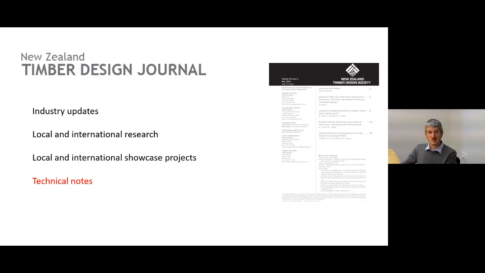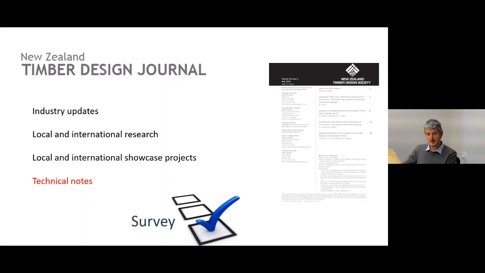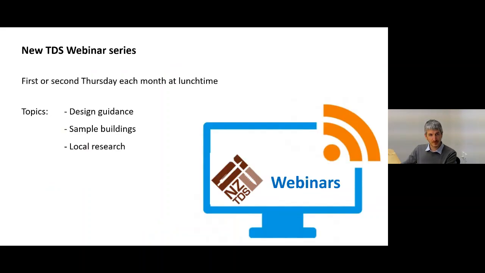We also provide industry updates, and we recently introduced technical notes. This is similar to this guideline, just addressing some of the items not covered in our timber standards. We will soon run a survey. It would be great if you could participate so that we can improve how we publish our journal and what we are covering in there.